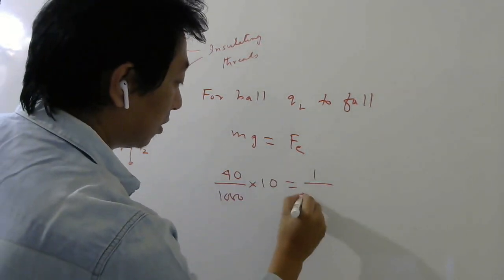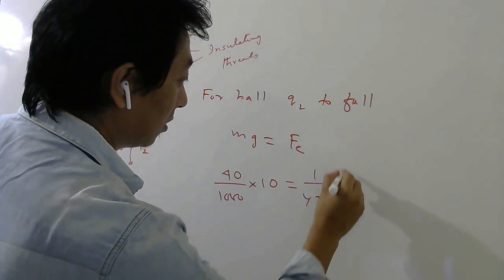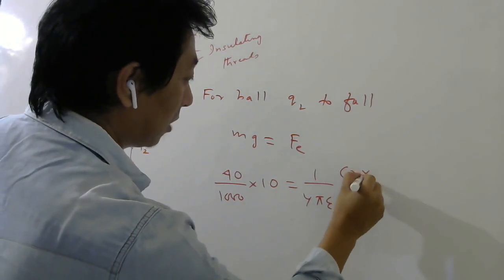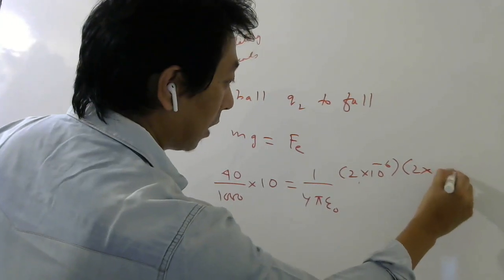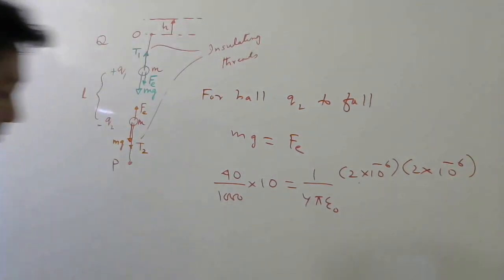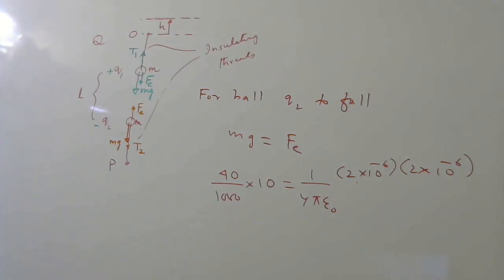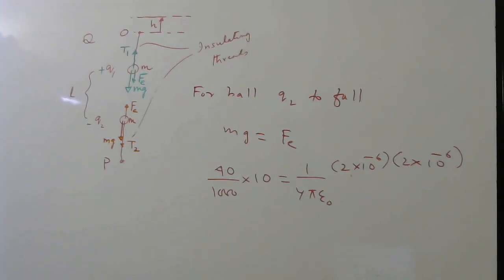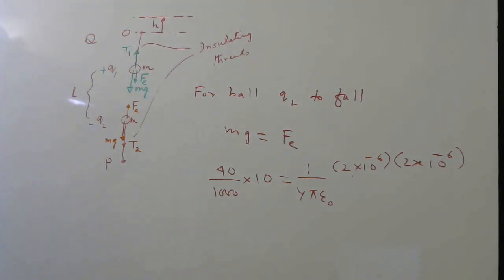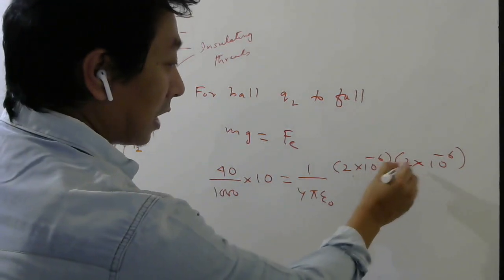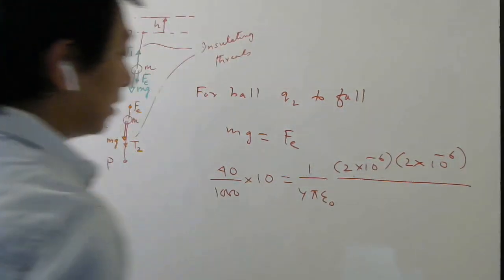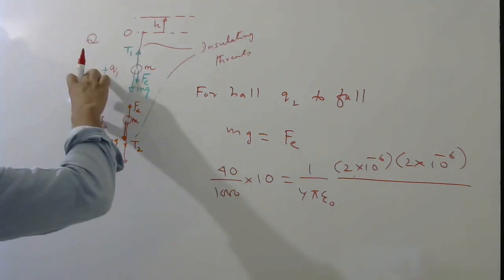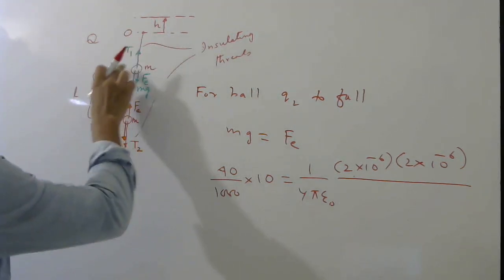Electrostatic force is what formula? 1 by 4 pi epsilon naught, Q1 was 2 microcoulomb. Q2 was also 2 microcoulomb, right? Minus sign I am not writing because we are writing the magnitude, divided by the distance between them. Don't write L because right now it is not falling.